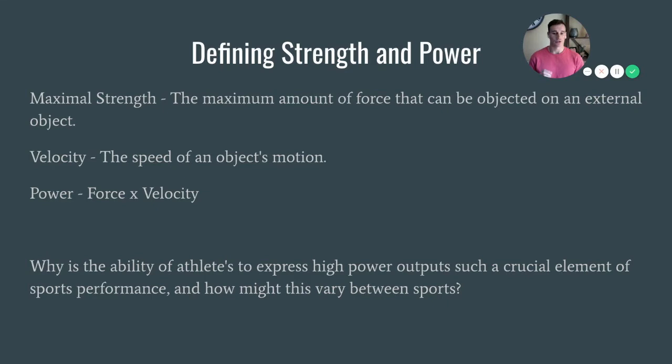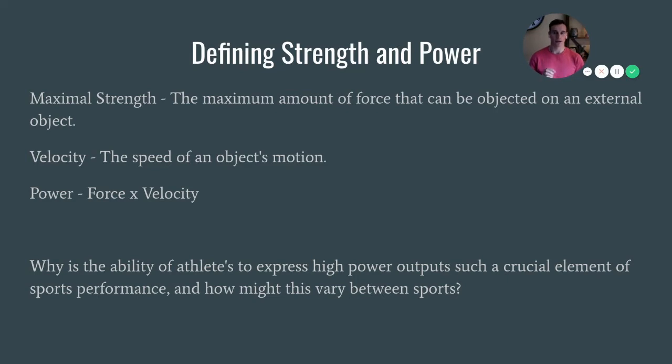The ability of the athlete to express that high power output is very often what separates athletes of different levels. If you were to take, for example, a club level 100-meter runner versus an Olympic level 100-meter runner, they might have identical technique. Say, for argument's sake, they both have perfect technique. Then what starts to differentiate them is their ability to express high power outputs.